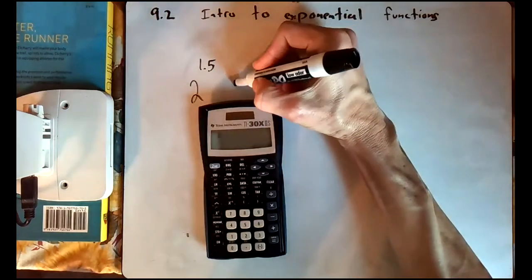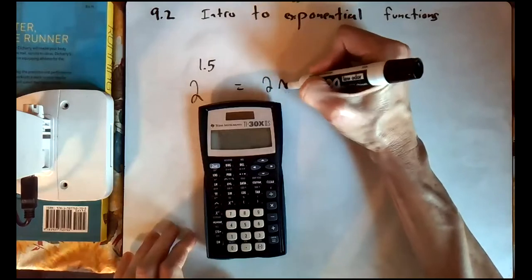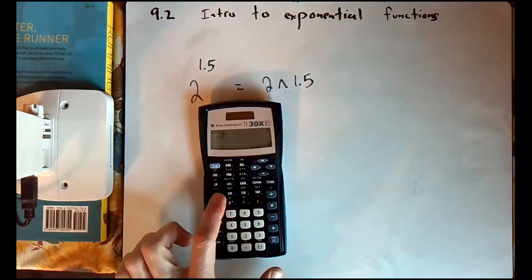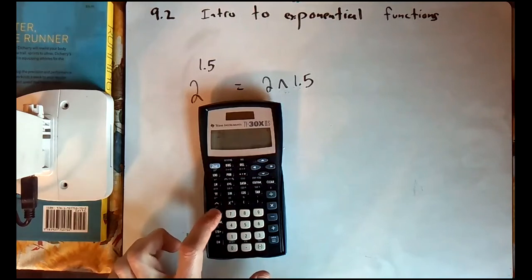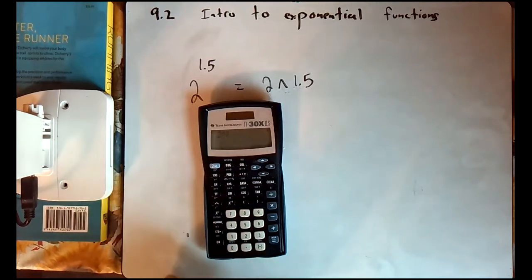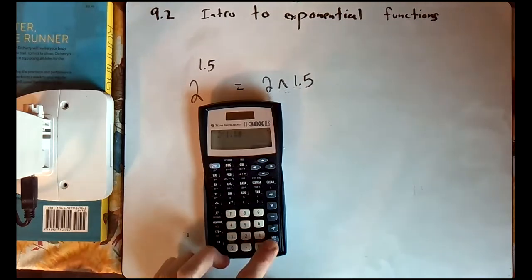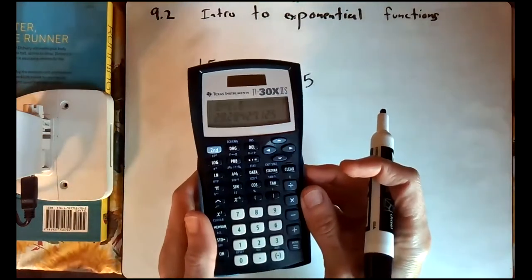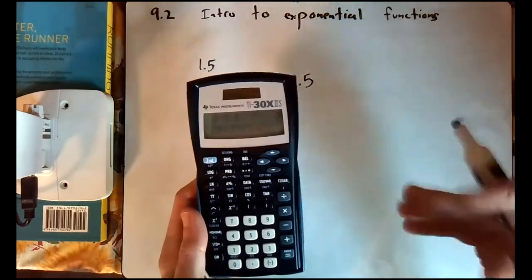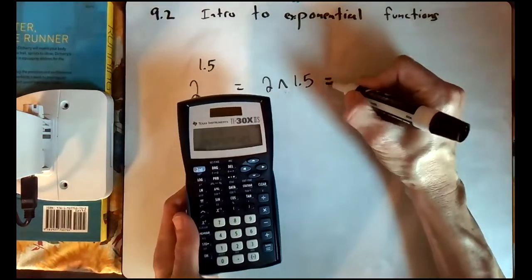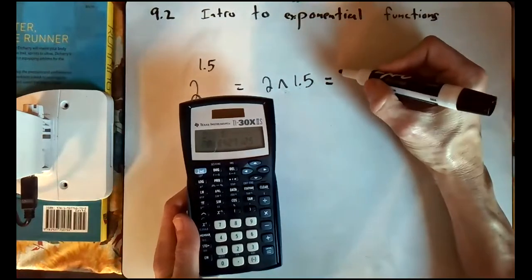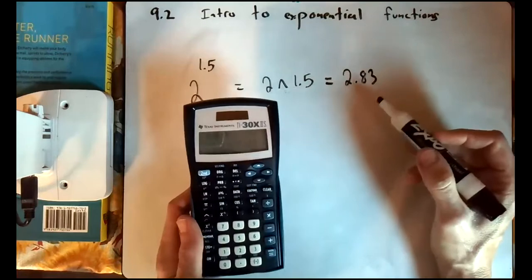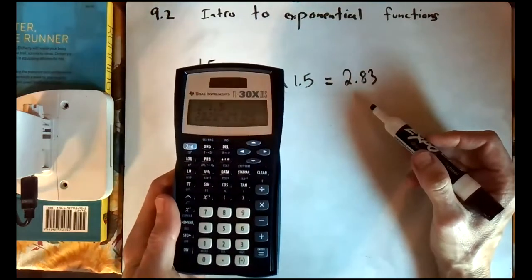So I would type 2, caret key, 1.5. The caret key is just above the x squared. Then we get a really big decimal, 2.82427 and so on. We'll round it off to 2 decimal places, so 2.83. Read the directions on the homework, because it may say 3 or 4 decimal places.